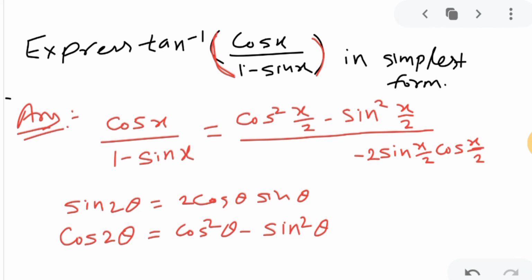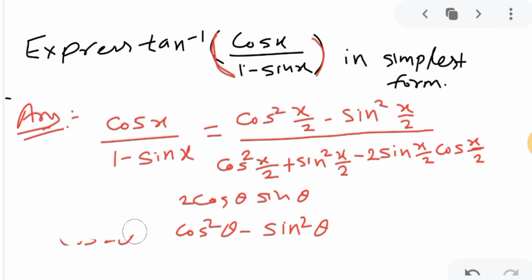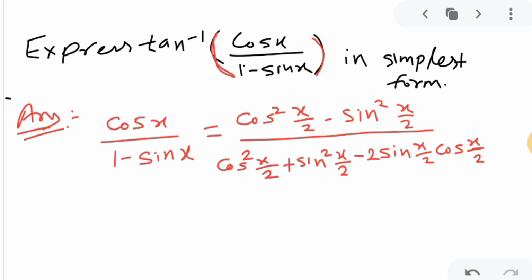And this 1 I will write as sin square theta plus cos square theta, that is cos square x upon 2 plus sin square x upon 2, and we know this value is 1.